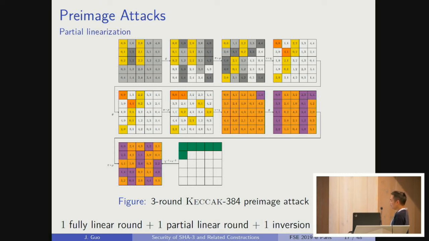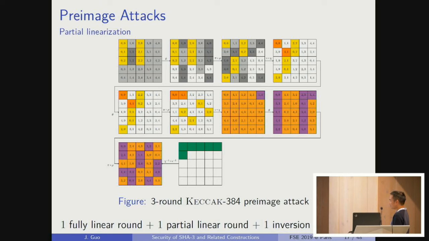Similarly, if you want to establish some linear equations out of this, you don't require all the bits inside the S-box to be linear. Some of them can be nonlinear, as long as you have some bits that are linear to establish the linear equation.